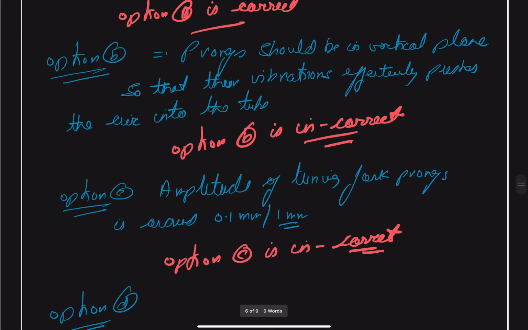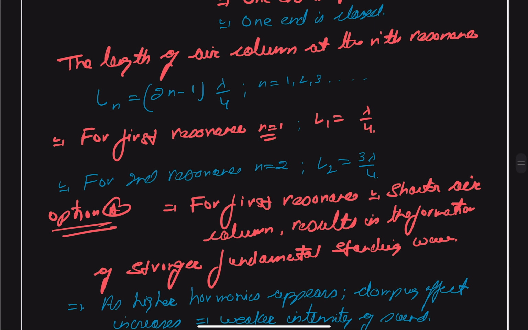For L1 it is lambda by 4, but if we include the end correction, L1 plus E will be equal to lambda by 4, because of the end correction.